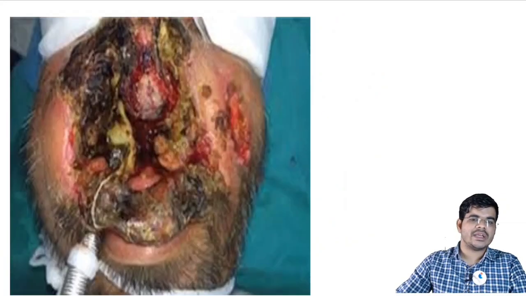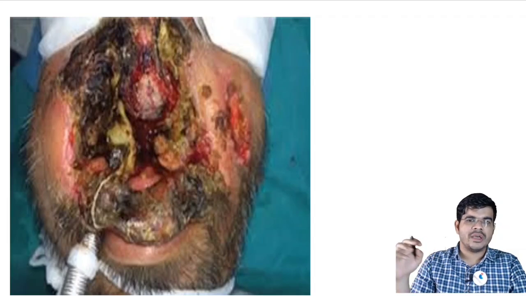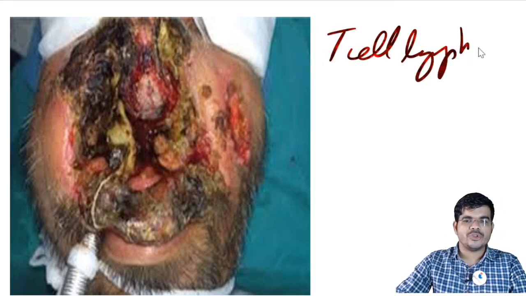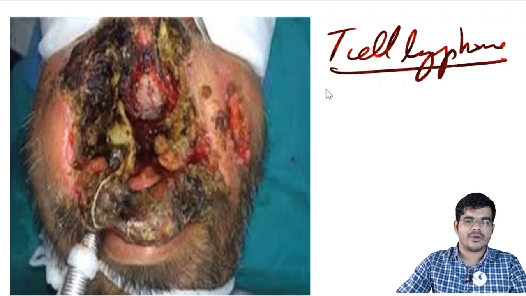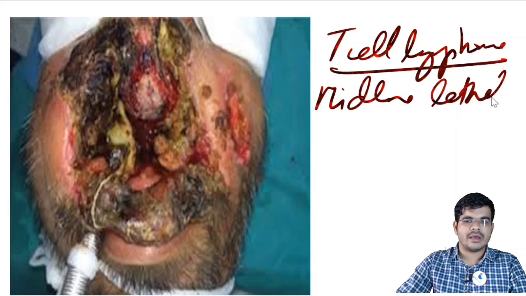Now another devastating condition that is associated with granuloma formation is called the cutaneous T-cell lymphoma. Okay, it used to have another name earlier. It was also called midline lethal granuloma.